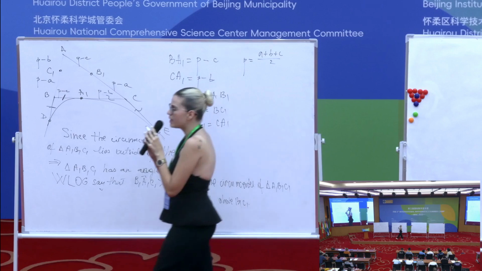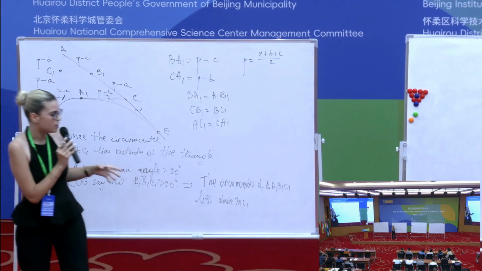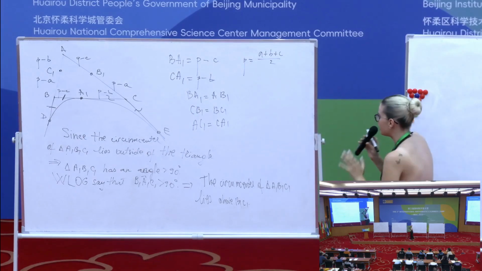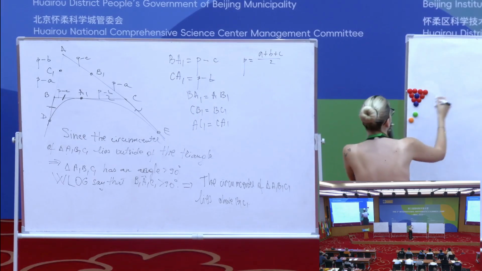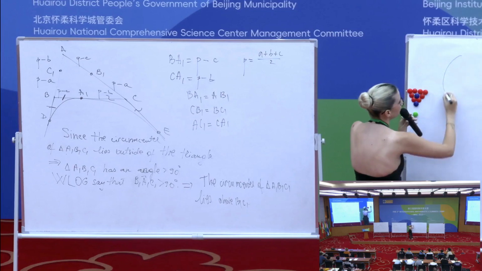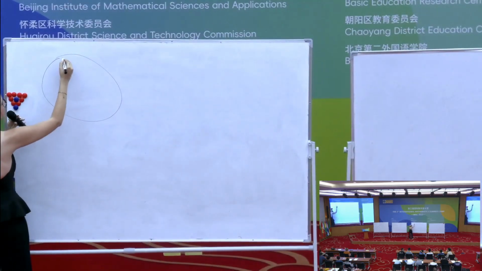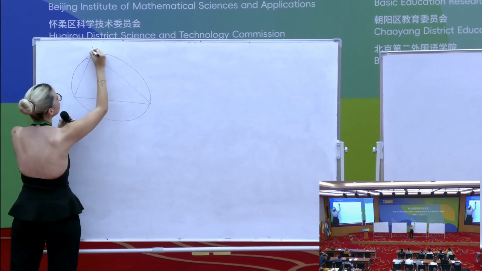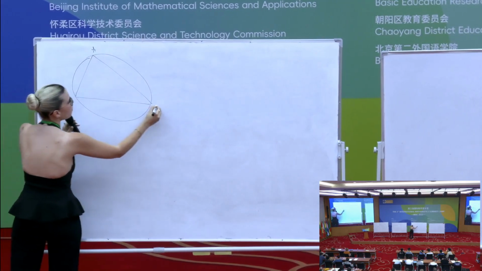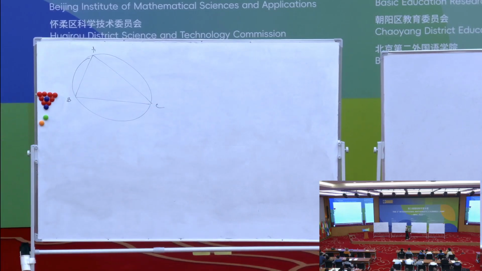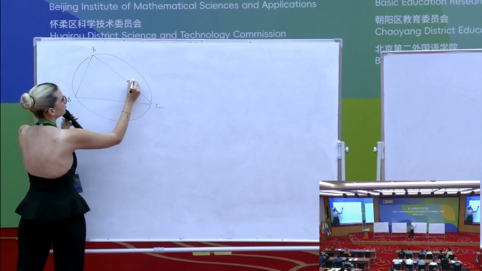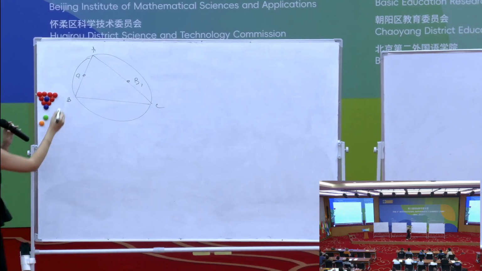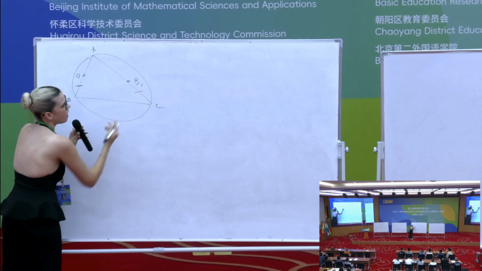Now we're going to make the key observation of the problem. Let us ignore most of what's given and look at the following diagram. We have our triangle ABC, and we consider our points B1 and C1. From the first observation we made, we know that these two segments are equal, so have that in mind.